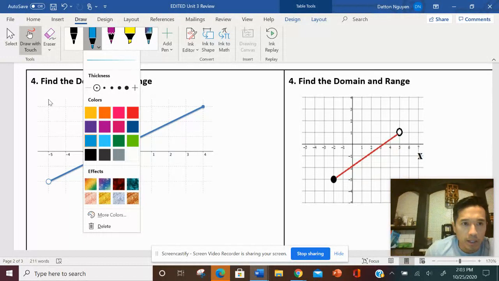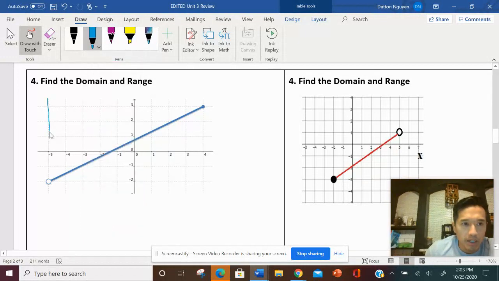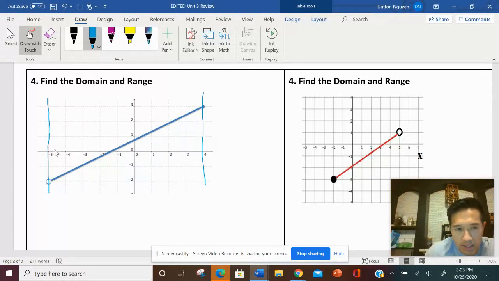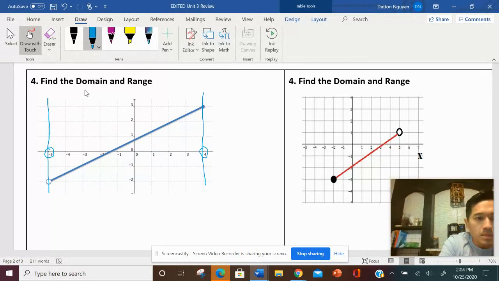If I take a look at my domain, it's always the vertical line crossing through the endpoints from the left to the right. And so do you notice where it crosses the x-axis? It's crossing it here at -5 and then crossing it here at +4 at the end. So my two endpoints are from -5 to 4 for my domain.